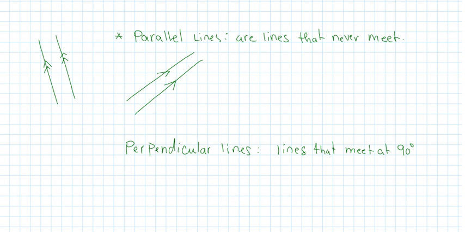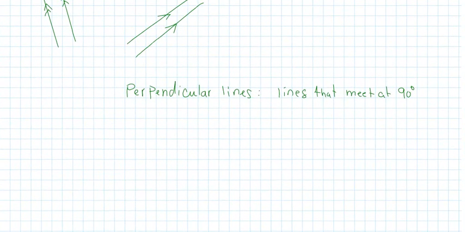If you think about the x and y axis, the x and y grid, the Cartesian plane, the y-axis and the x-axis meet at 90 degrees. So we call these two perpendicular to each other, okay?